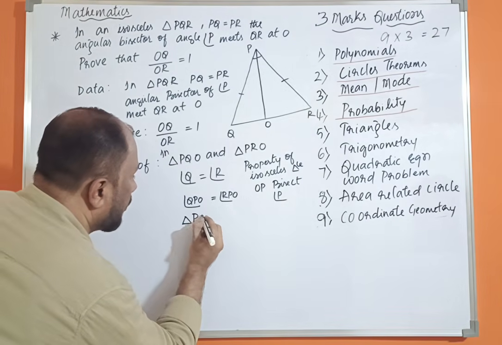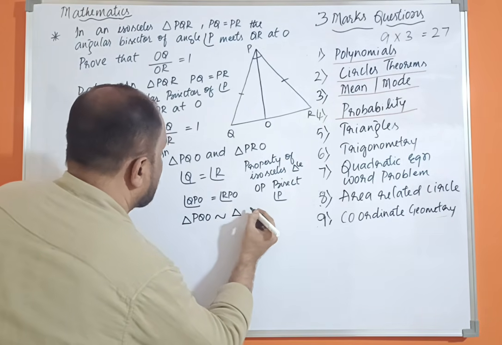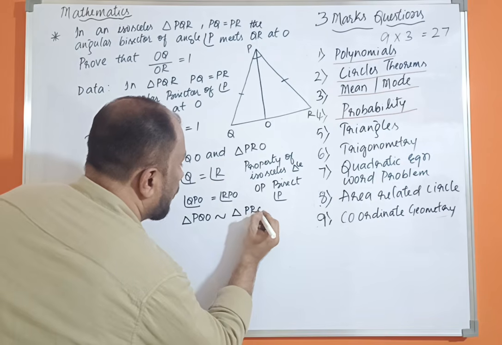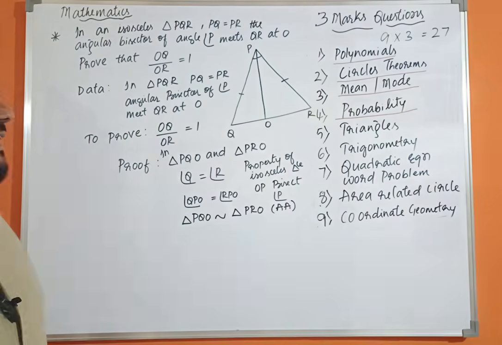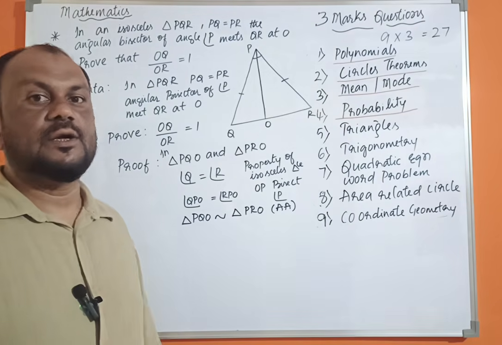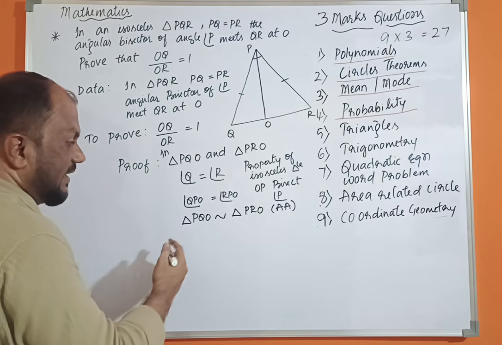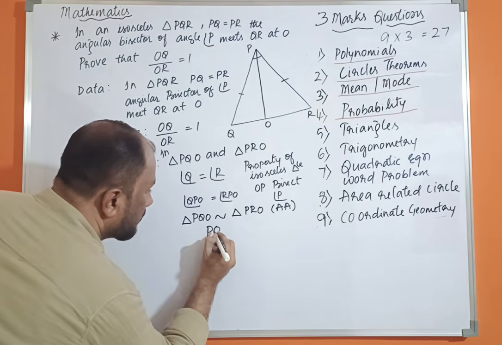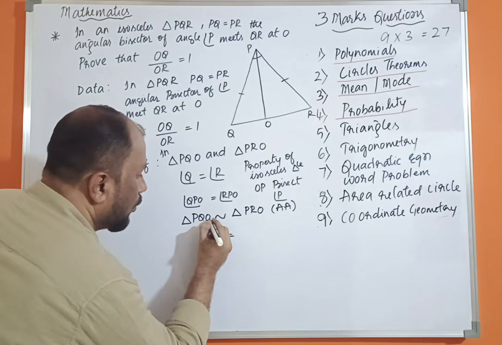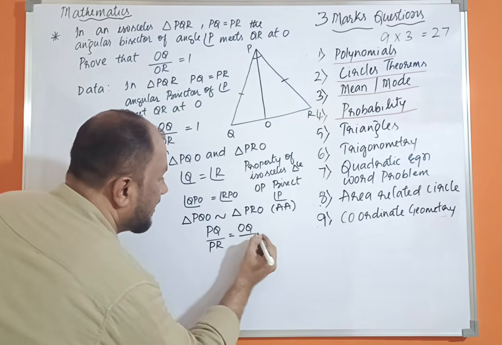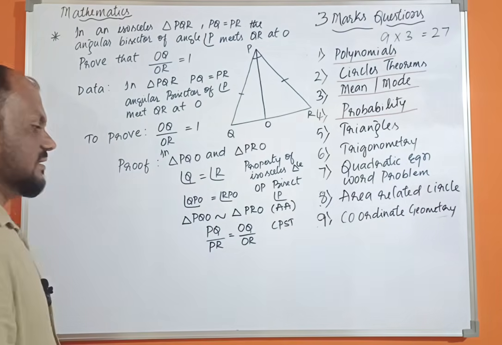Triangle PQO is similar to triangle PRO. The reason is AA similarity criteria. If two triangles are similar, then their corresponding sides are in the same ratio. So I take the corresponding sides which I needed. PQ divided by PR is equal to OQ divided by OR. The reason is corresponding parts of similar triangles.